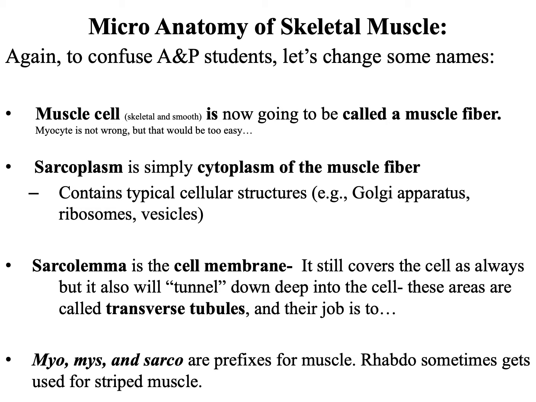Okay, sometimes I've got some little prefixes here. So when you see myo, when you see mys, so miss, and when you see sarco, those are all referring to muscle.